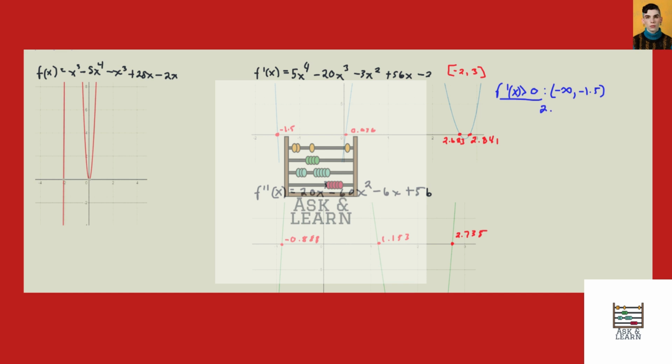Let me go ahead and write this a little bit over here, 2.62, first 0.036 to 2.623. And then our last interval where it will be larger will be 2.841 to infinity. I'm going to go ahead and scoot this up a little bit.